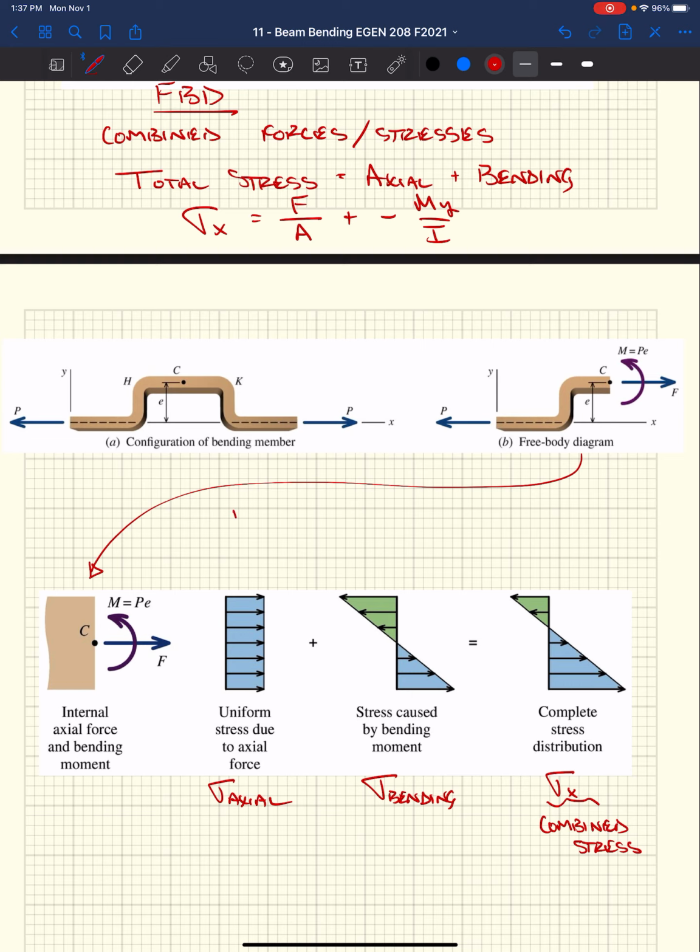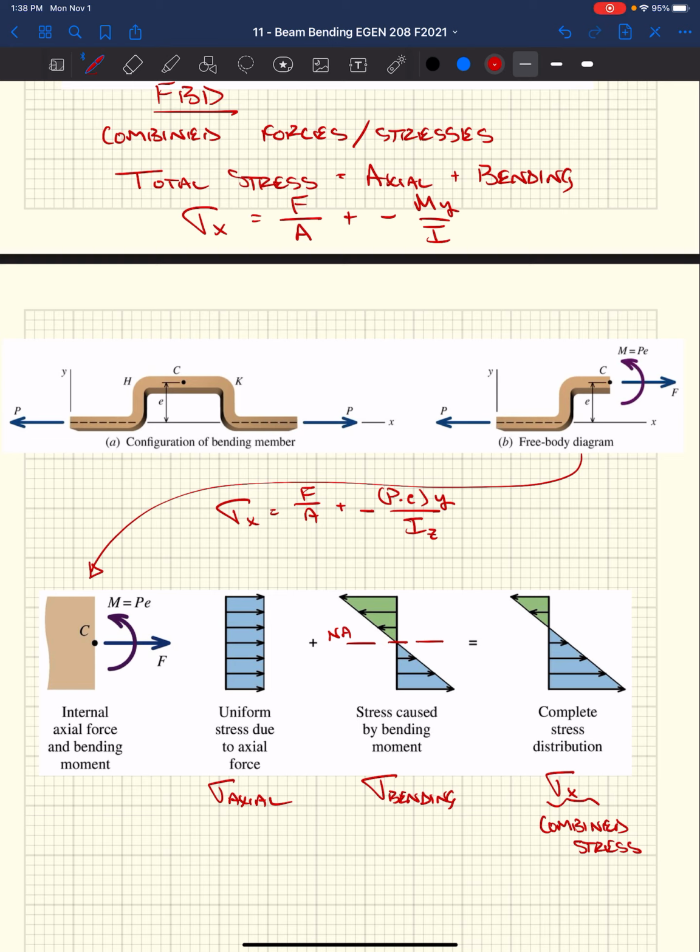Okay, so in our case, sigma x would be F over A plus negative P times e times y over whatever moment of inertia there is across this cross section, right? We have to see what it looks like looking on the end of it to see how it resists bending, okay? But as you can see, this is our neutral axis for bending.